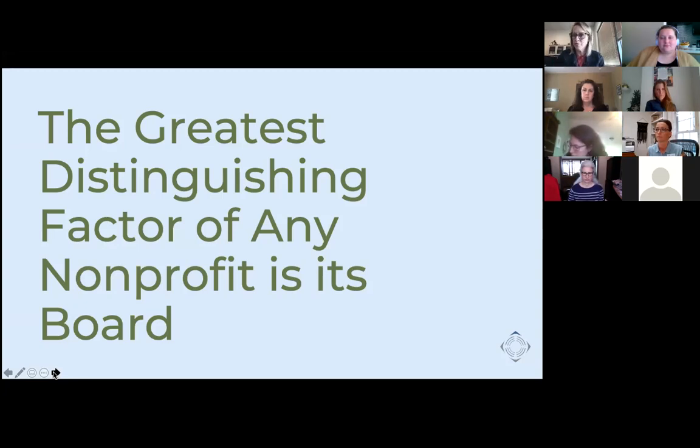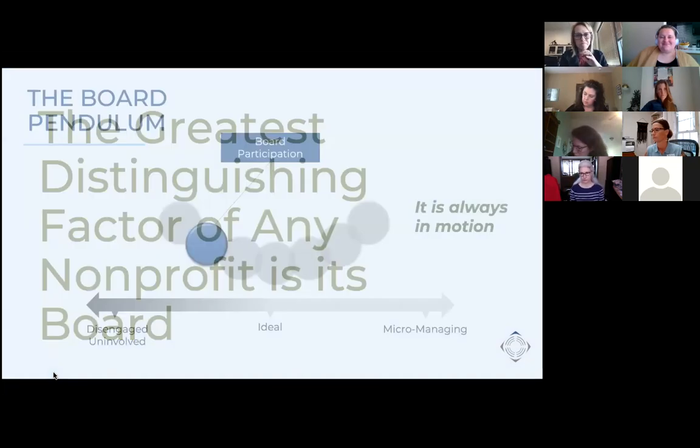Maybe just clarifying roles and expectations or how they can actually help you move the needle is the next step for you. But this to me is one of the most important and distinguishing factors. When an organization is experiencing a highly disengaged board, it can really put an organization at a standstill in some ways in terms of making significant progress, especially if they're trying to grow.